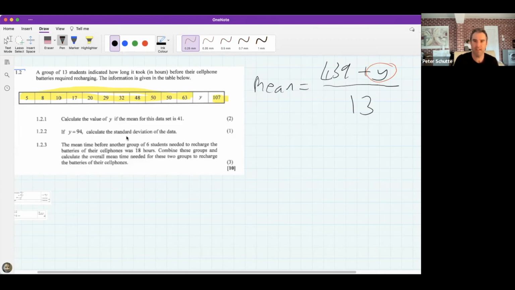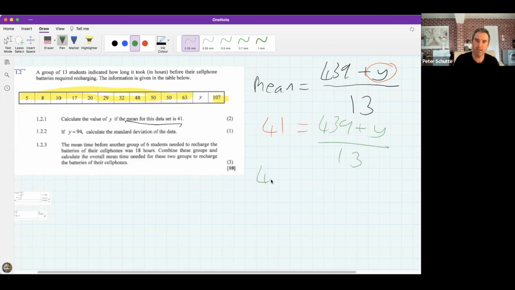Okay, a couple of people are saying 94, which I think you're on the right track there. So in the question, they tell us the mean for the data is 41. And so what we're going to do is we replace the mean with 41, and we then get this thing going on. And then we bring the 13 across.